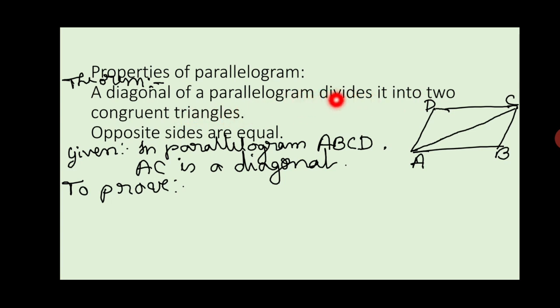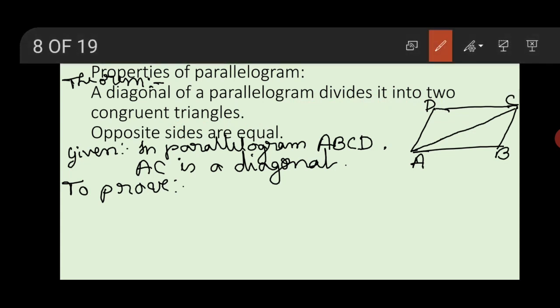So after the hypothesis, this is the conclusion part, known as the to-prove part. It divides it into two congruent triangles. So triangle ABC is congruent to triangle ADC. So how can we prove it?